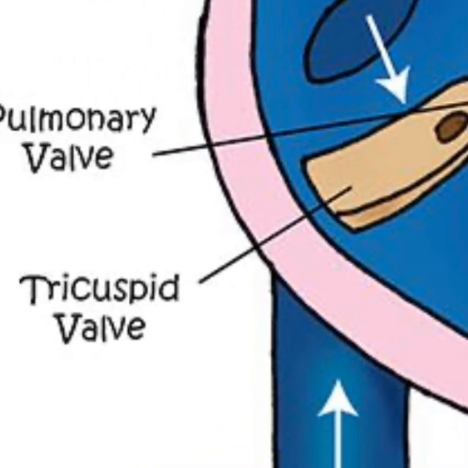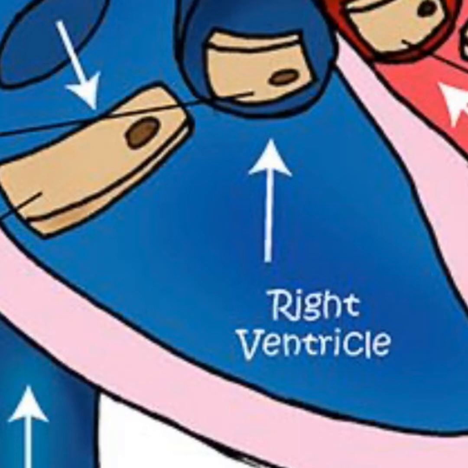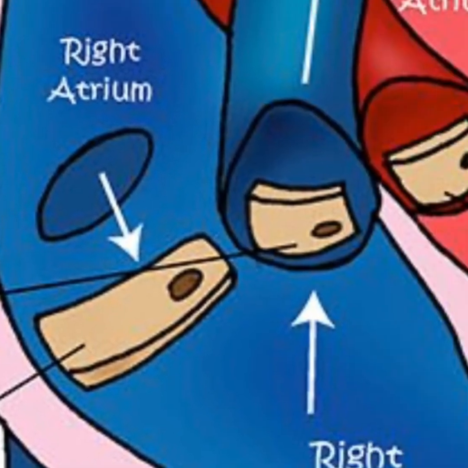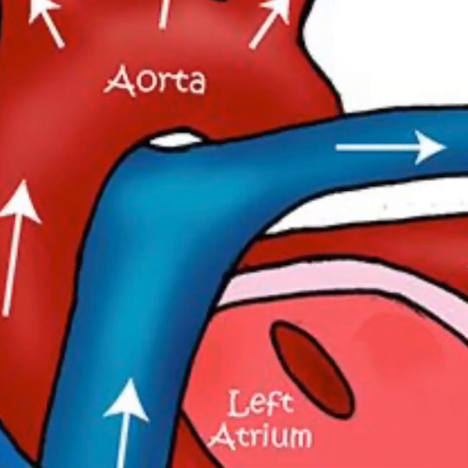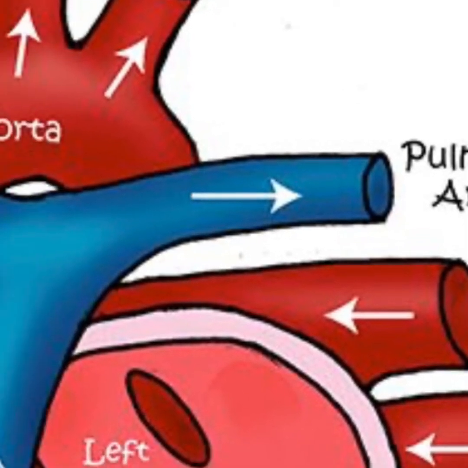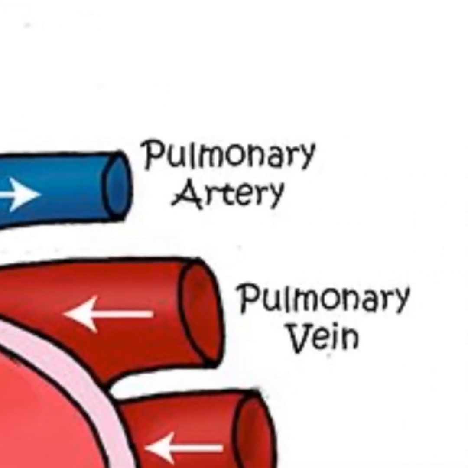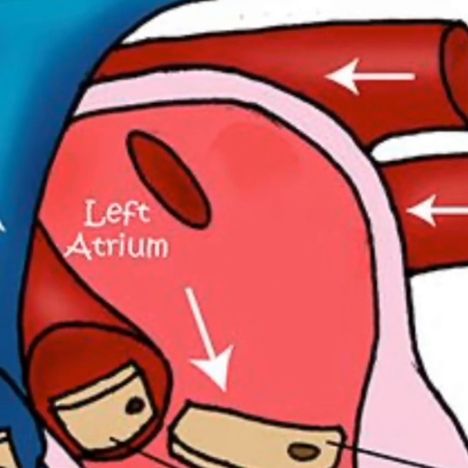Then the same process: the tricuspid valve opens and lets the blood into the right ventricle, and then the pulmonary valve opens and the deoxygenated blood goes into the pulmonary artery and into the lungs. In the lungs, the deoxygenated blood becomes oxygenated and comes back through the pulmonary vein into our left atrium.